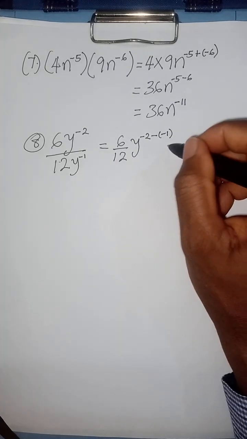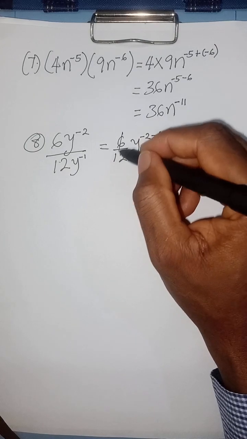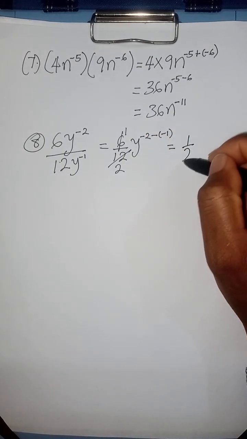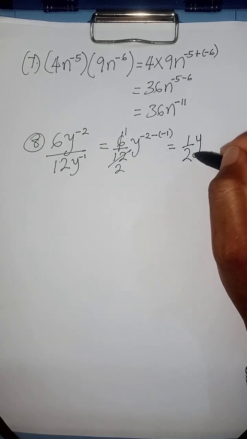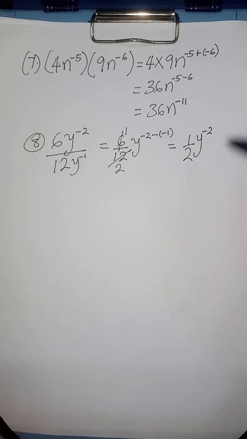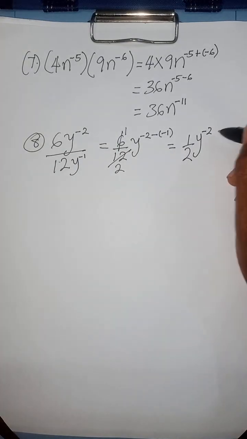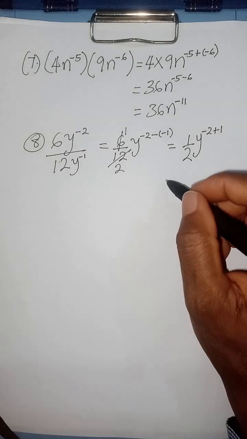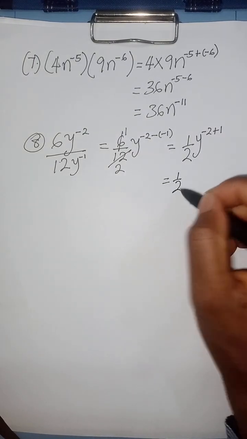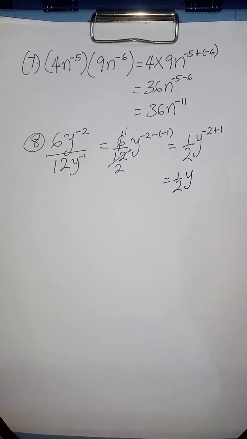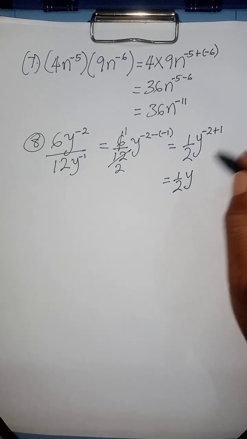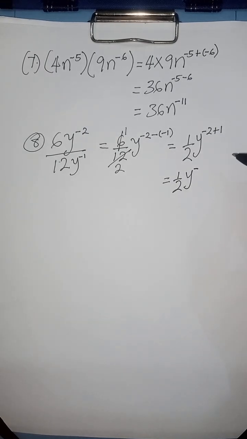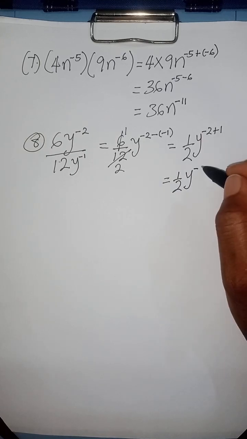And this will give you 6 can cancel here and 6 can cancel here to be 2. 1 over 2y minus 2 minus times minus is plus 1. And final answer is 1 over 2y minus 2 plus 1. Take the sign of the bigger number, minus, and then 2 minus 1, it's 1.